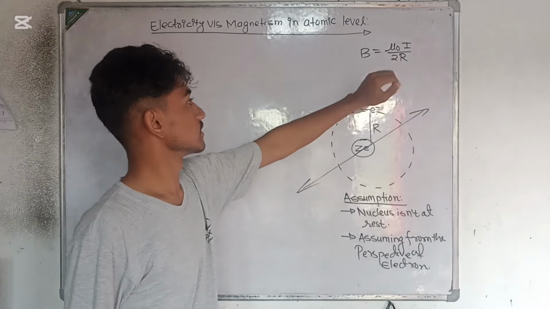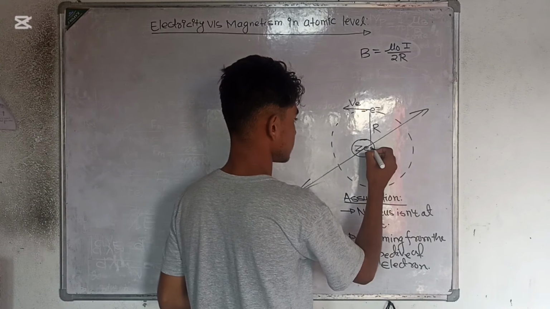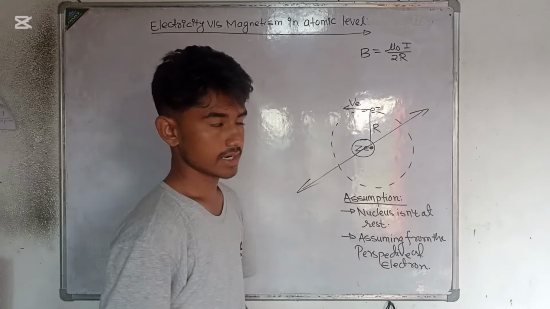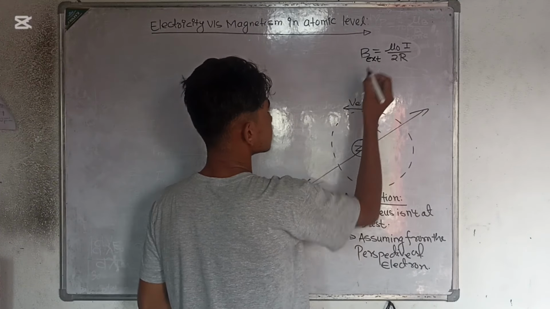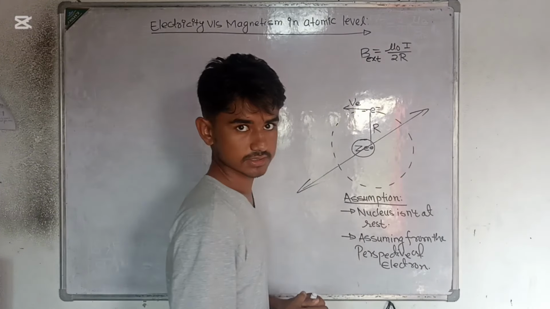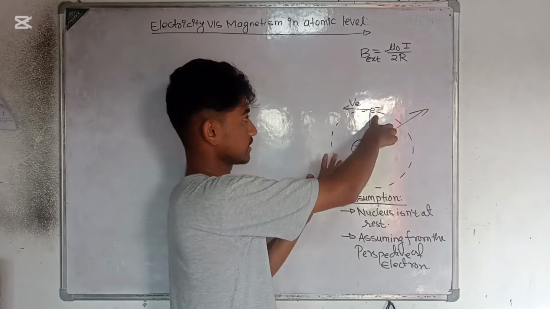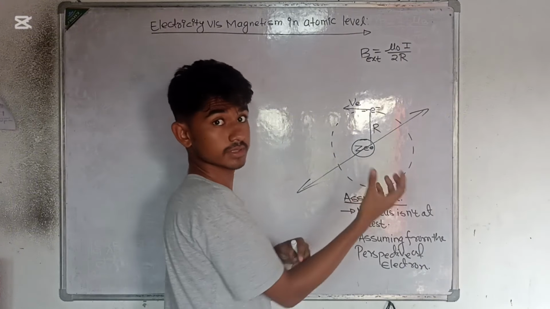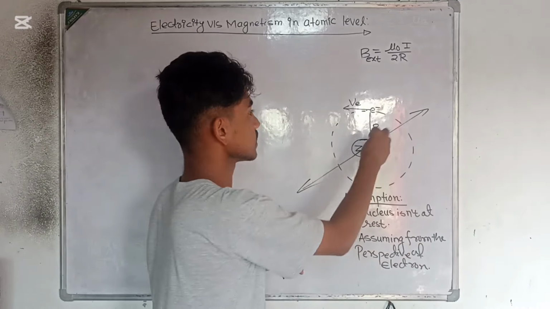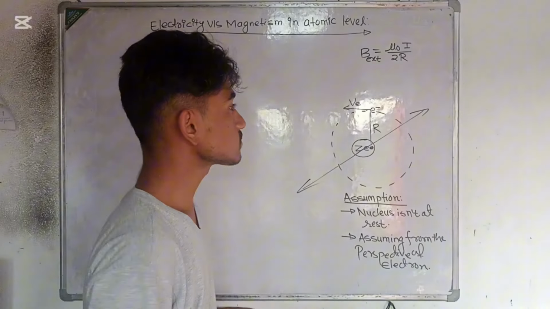This is the magnetic field produced by the electron at this point, so this is the external magnetic field for the nucleus, right? It is the external magnetic field acting upon the nucleus, which is provided by the electron's motion.